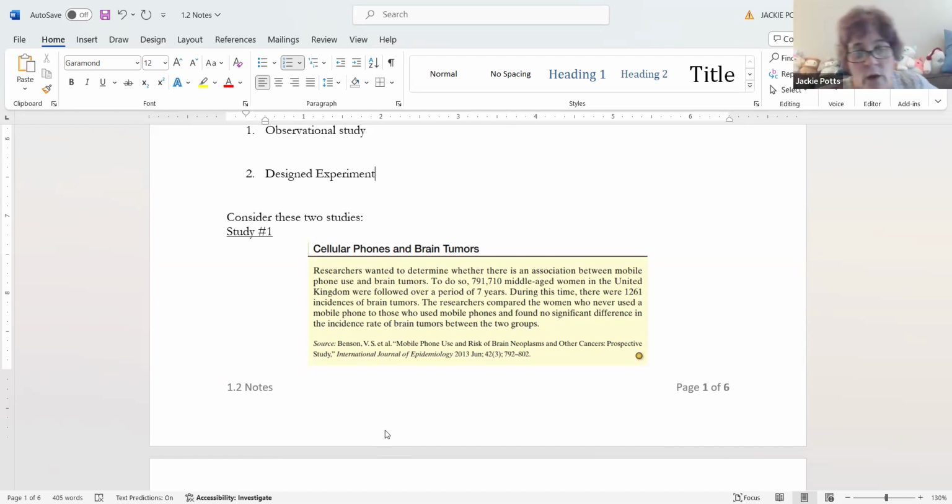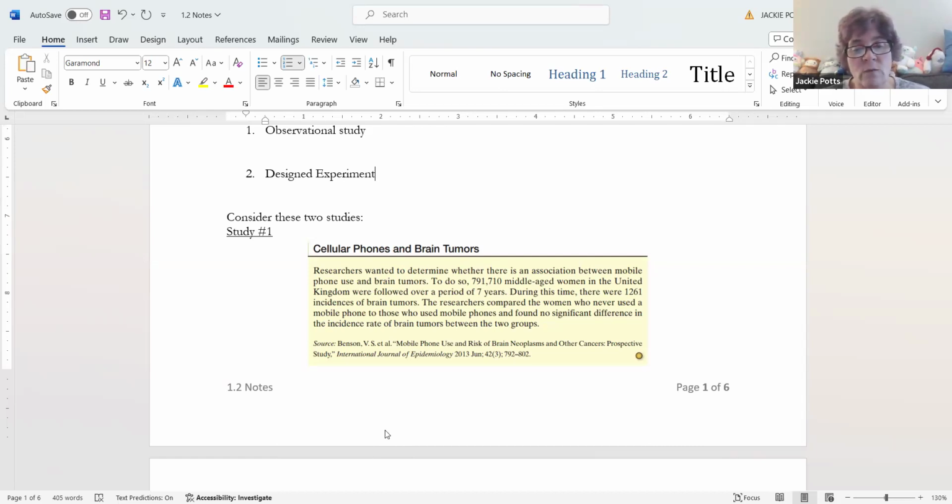Anyway, let's look at these two studies. Cellular phone and brain tumors. Researchers want to determine whether there's an association between mobile phone use and brain tumors. To do so, 791,710 middle-aged women in the United Kingdom were followed over a period of 7 years. During this time, there were 1,261 incidences of brain tumors.